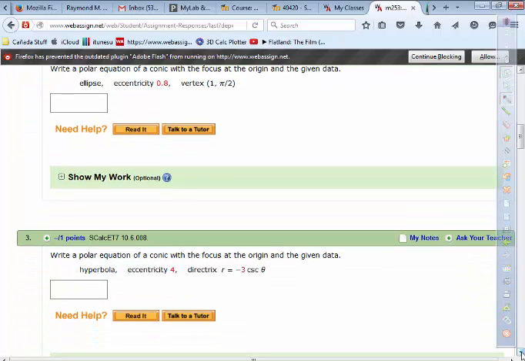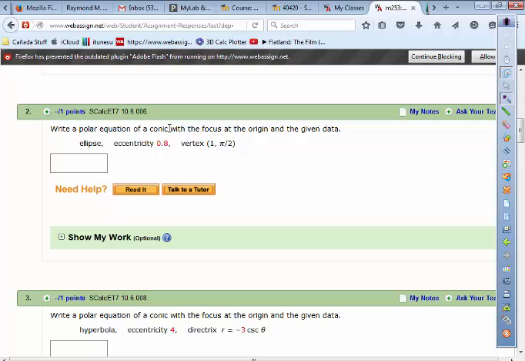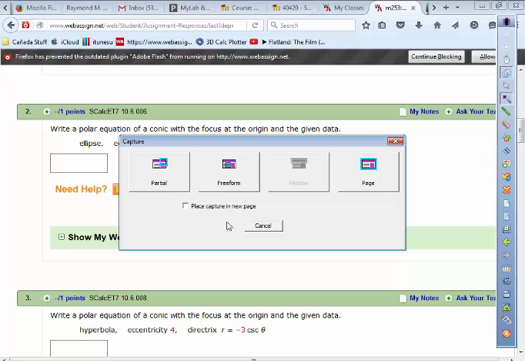So let's see. Write a polar equation. Let's do number 2 here. Write a polar equation of an ellipse.